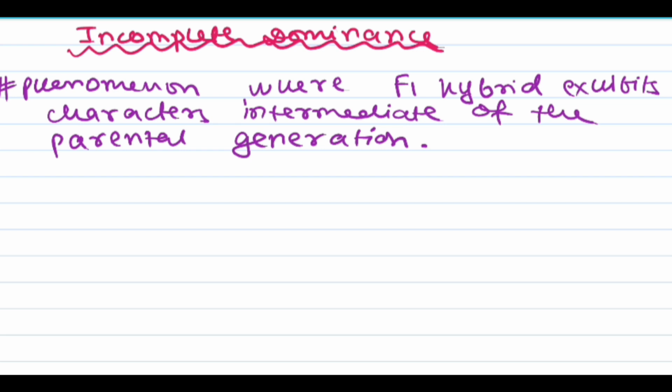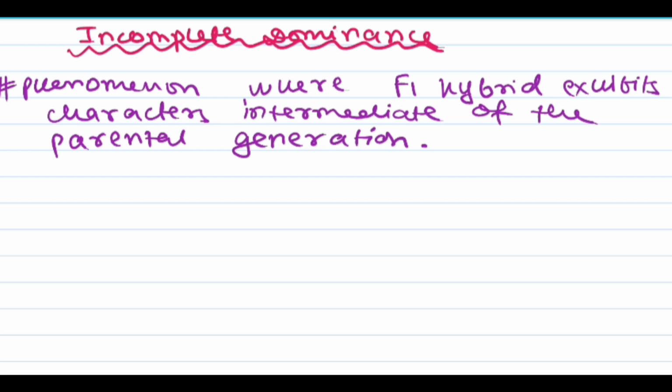generation or the first progeny, it basically has the characters or the traits that resembles none of the parental traits. It's basically an intermediate or a mixture. It seems to be a mixture, though I'll tell you why it's not mixture and it's not blending.